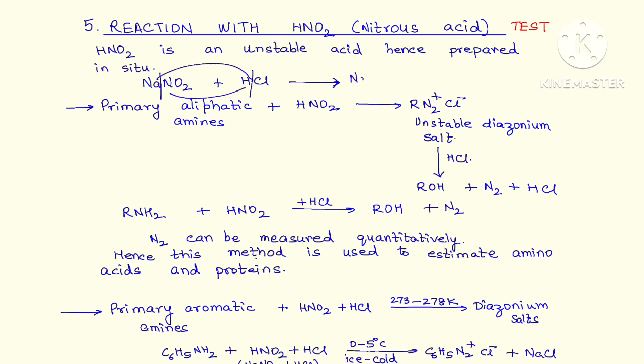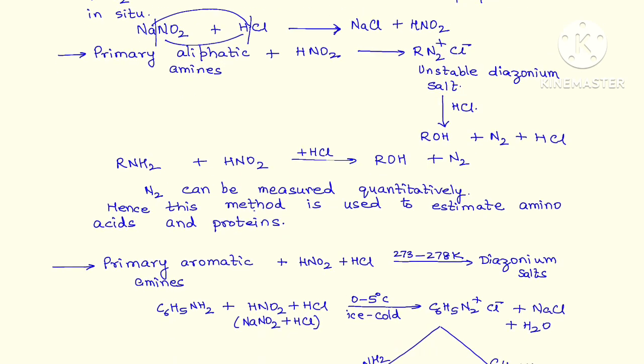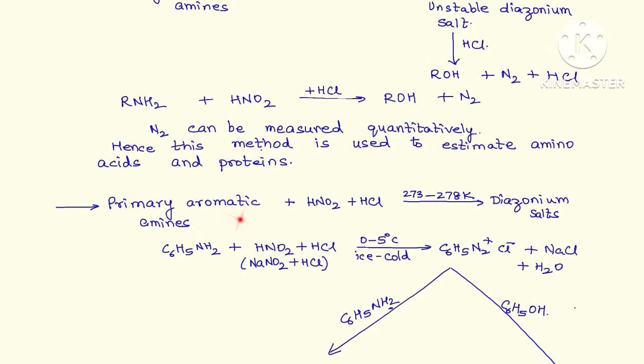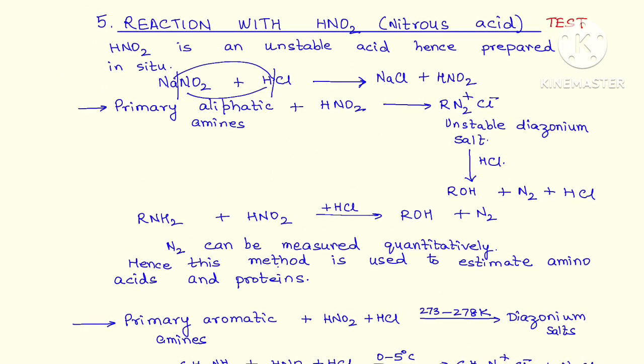So, NaCl and HNO2. Now, this nitrous acid which is generated reacts differently with primary aliphatic amines and primary aromatic amines. In fact, the reaction with primary aromatic amines is actually used as a test. We'll go back to that later.